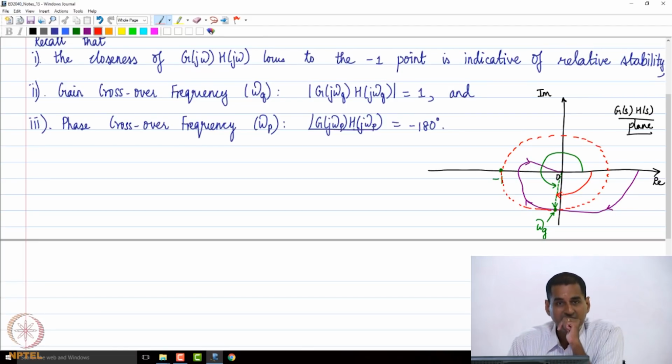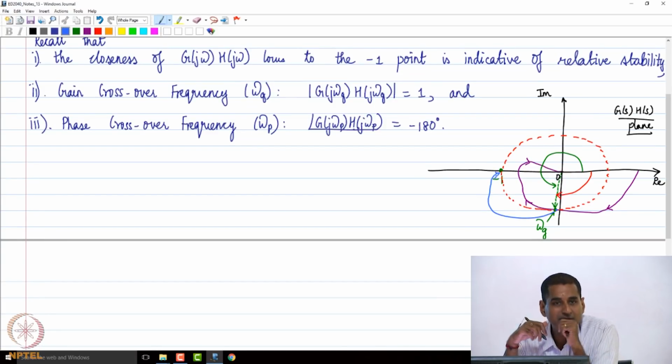Let us say at this frequency I want to make the system tend to instability, what will I do? I would just try to shift this curve, rotating it about the origin, so that this particular point which is here should come to the -1 point.